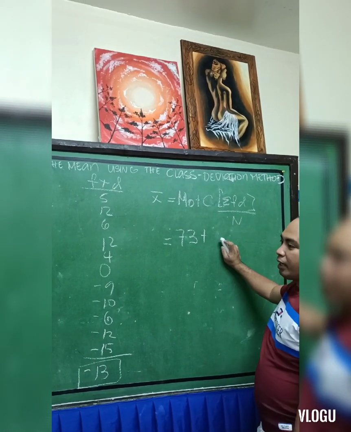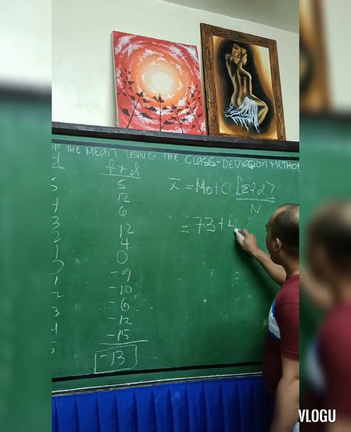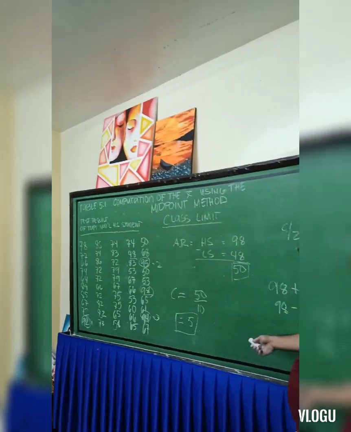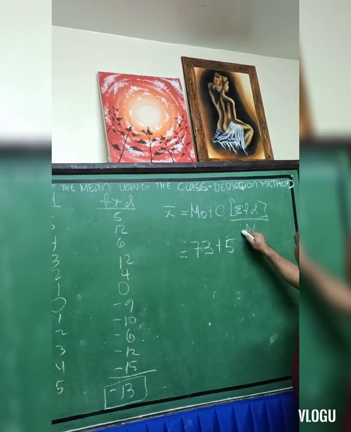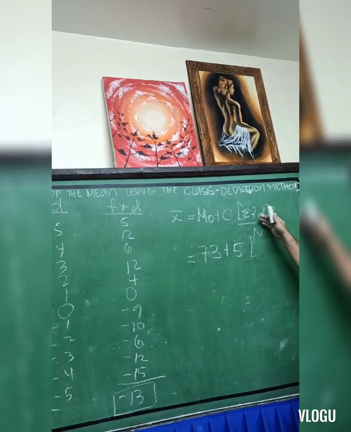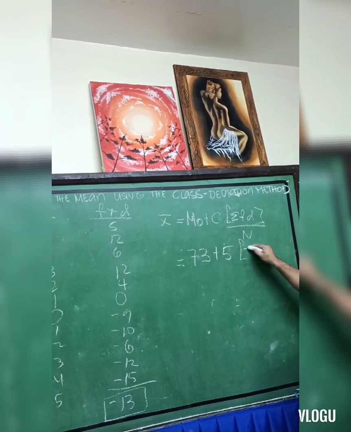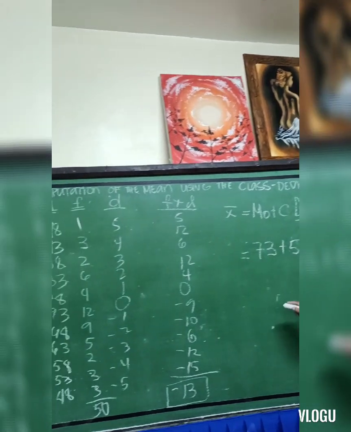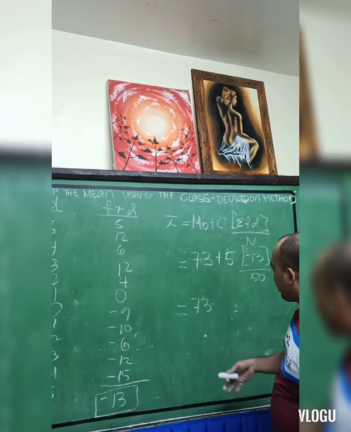Plus our class interval, we have 5. As you remember earlier, we have 5 as the class interval here. So, just copy 5 times the summation of the product of frequency times deviation, which is negative 13, divided by 50. Let's simplify.